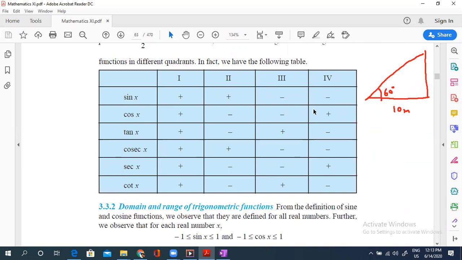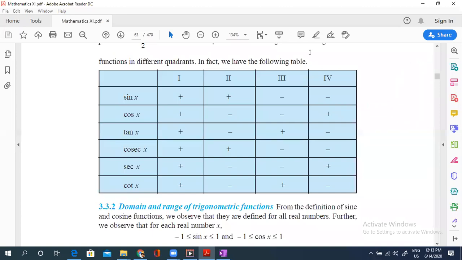Yes, 1, right? And minimum value of sine theta? We just saw that. Yes, Yashira, Navya.